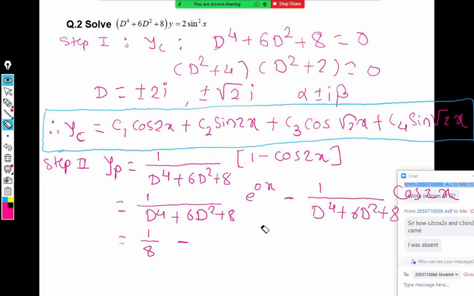Multiply by x and differentiate the denominator: 4d cube plus 12d of cos 2x. This 1 by 8 continues as it is till the end, minus x as it is. Now we replace d square by minus 4. If you replace d square by minus 4, what do you get?